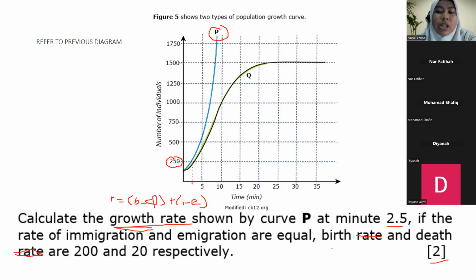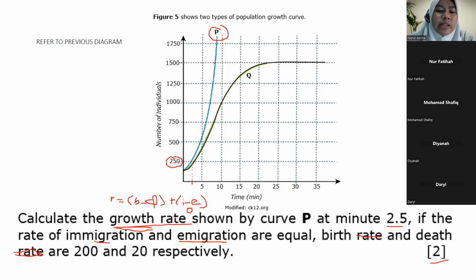Dia baru bagi tahu kelahiran 200, kematian 20. So, you kena dapatkan kadar dia dulu. Then you have to divide with the population size. And what does it mean by the rate of immigration and emigration are equal? Maknanya apa? 0. I minus E is 0.